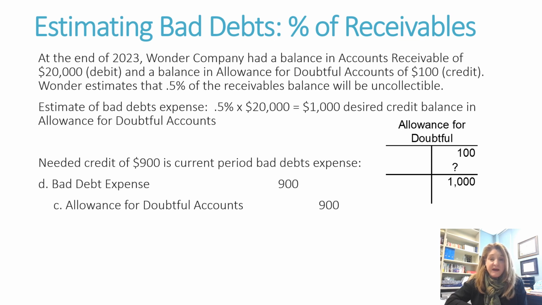That is not the bad debt expense. Instead, that's the balance that we want to have in allowance for doubtful accounts. So we currently have a $100 credit balance in the account. We want a $1,000 credit balance. So the difference between those two numbers, or the $900, is the current period bad debt expense. So we're going to make a debit to bad debt expense and a credit to allowance for doubtful accounts.